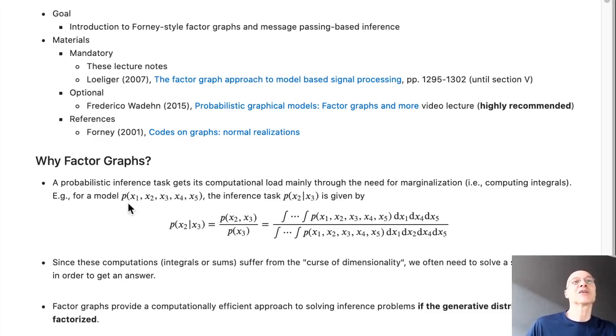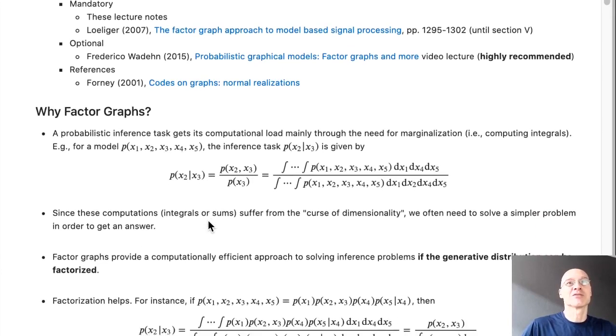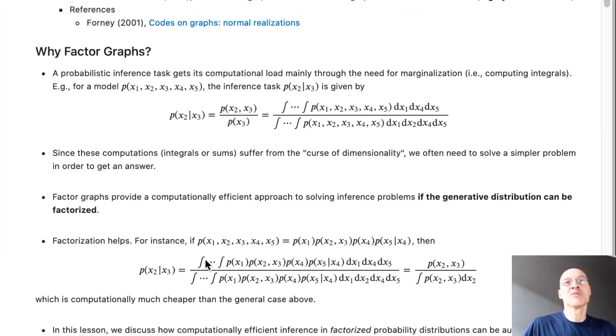We don't want to have a model, usually a probability distribution over all our variables, that allows every variable to depend on every other variable. So what we do usually is build factorized models. So this is an example of a factorized model.